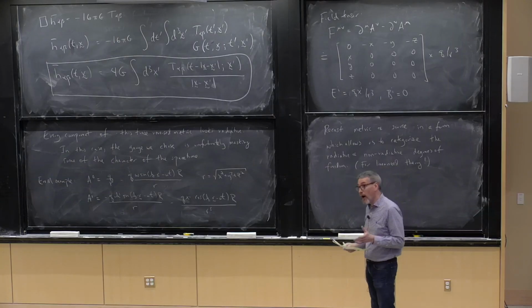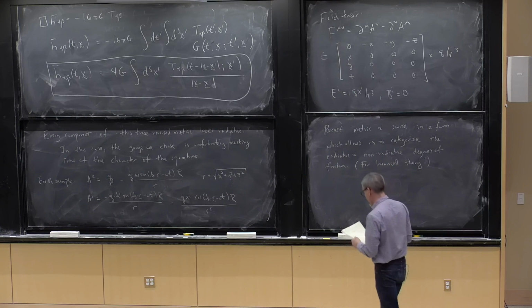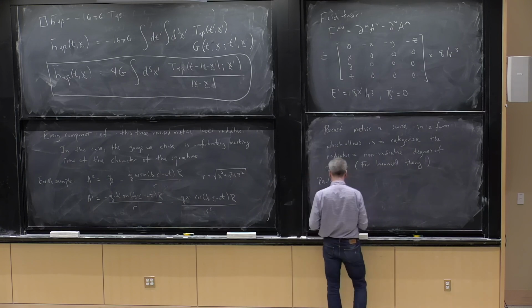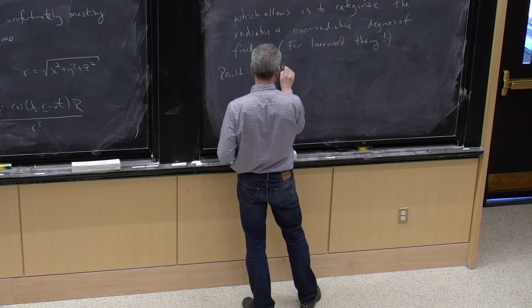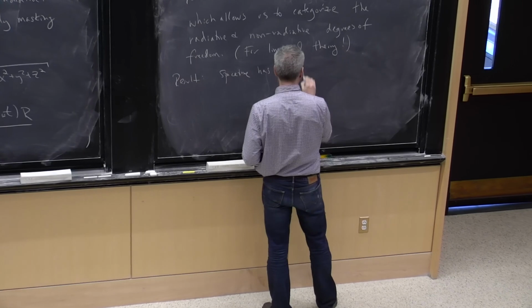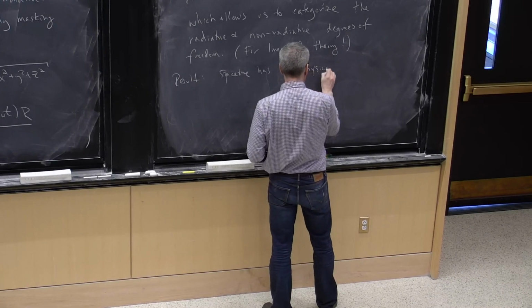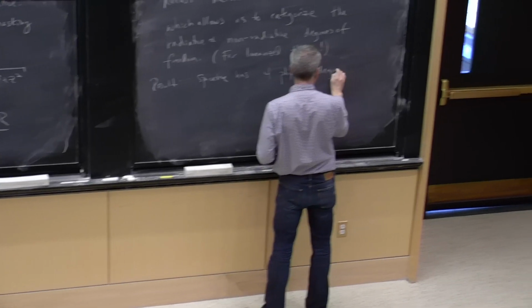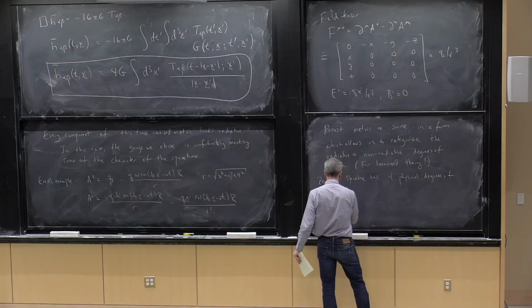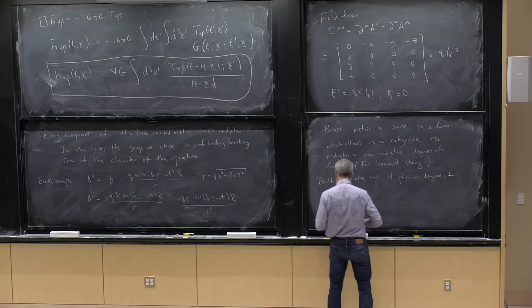I will give you the punchline up front. What we will discover is that spacetime has 4 physical degrees of freedom that are non-radiative.